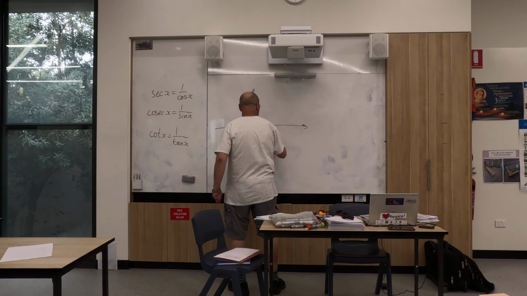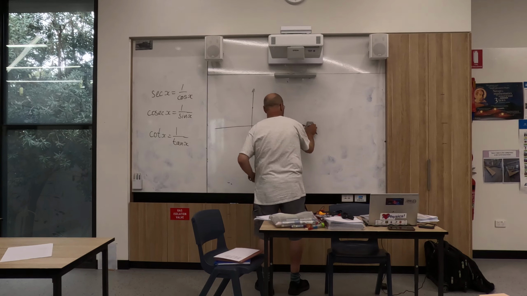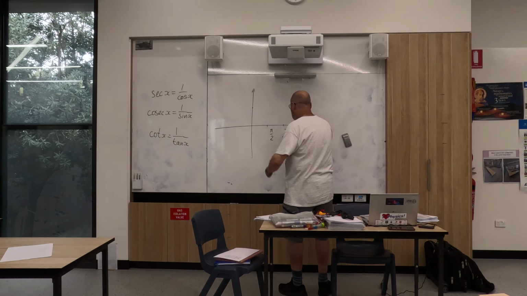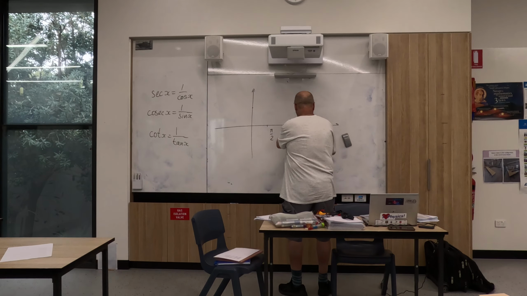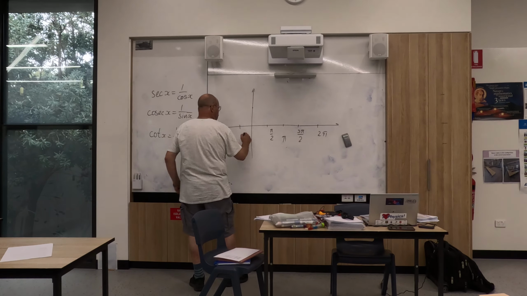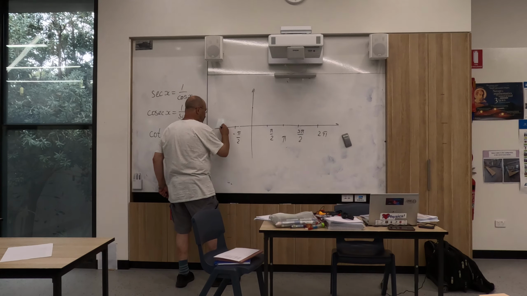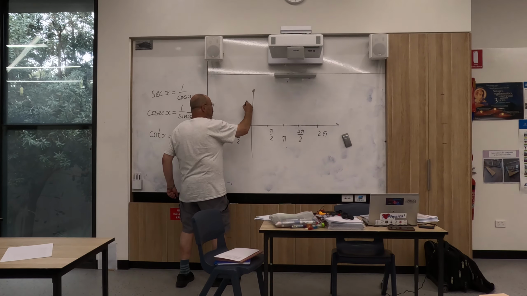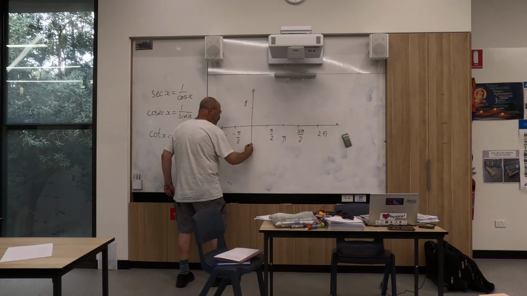Pi on 2, pi, three pi on 2, and 2 pi, negative pi on 2, negative pi, 1, negative 1.